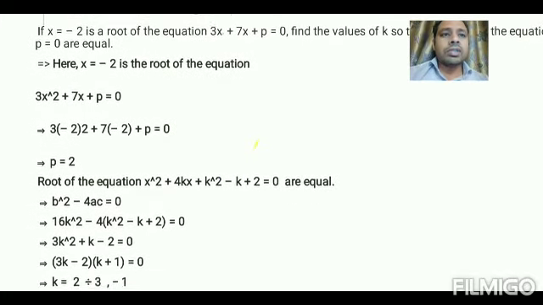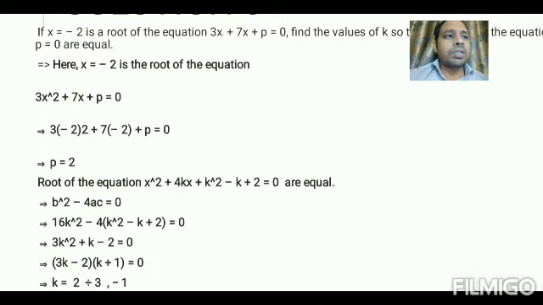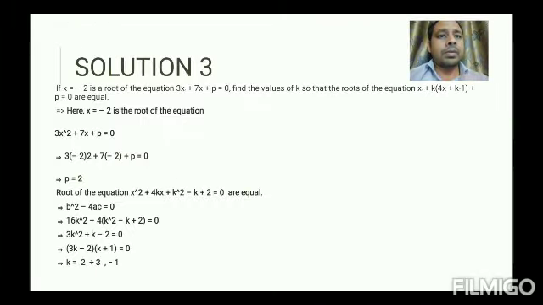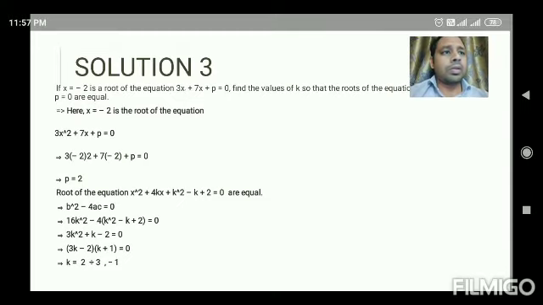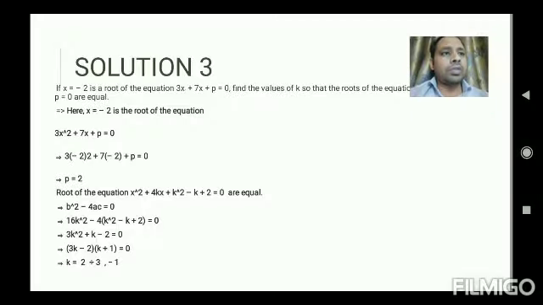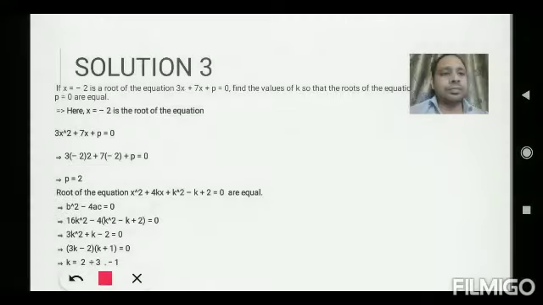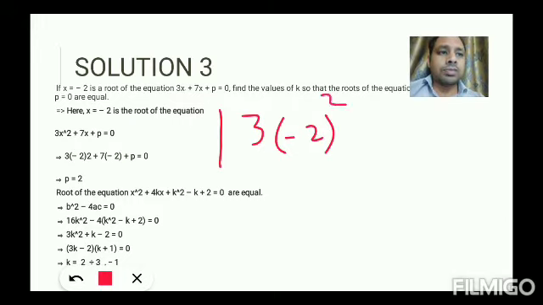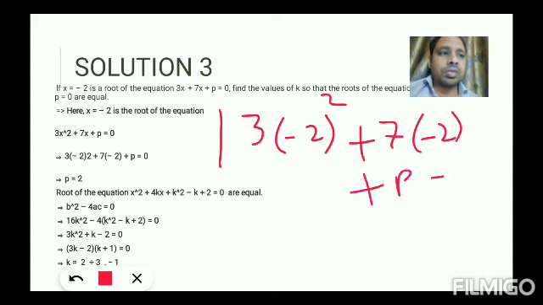First of all, substitute the values. If we substitute x equals minus 2 in the given equation, we can write it as 3 into minus 2 whole square plus 7 into minus 2 plus p equals 0, right?